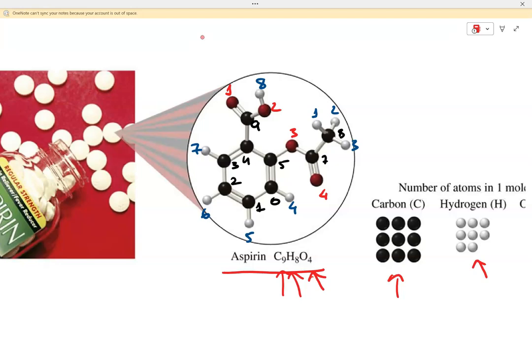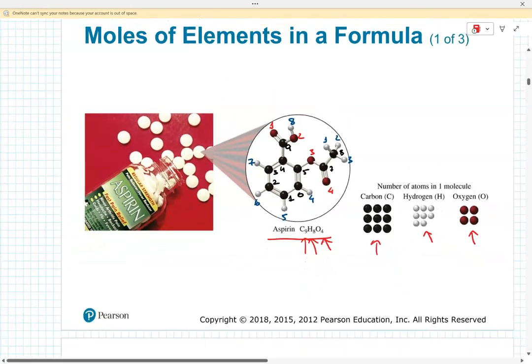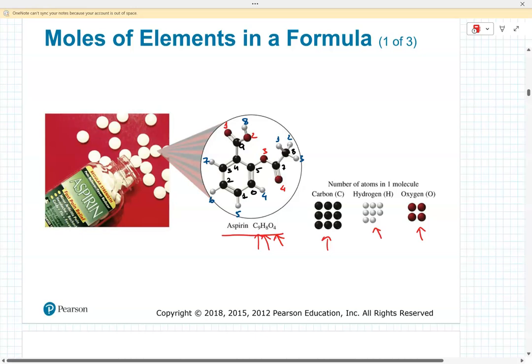Right? So we basically come back to the formula that we've been given. The subscripts tell us that one molecule, one unit, contains 9 carbon, 8 hydrogen, and 4 oxygen atoms. Does this idea make sense? Okay.